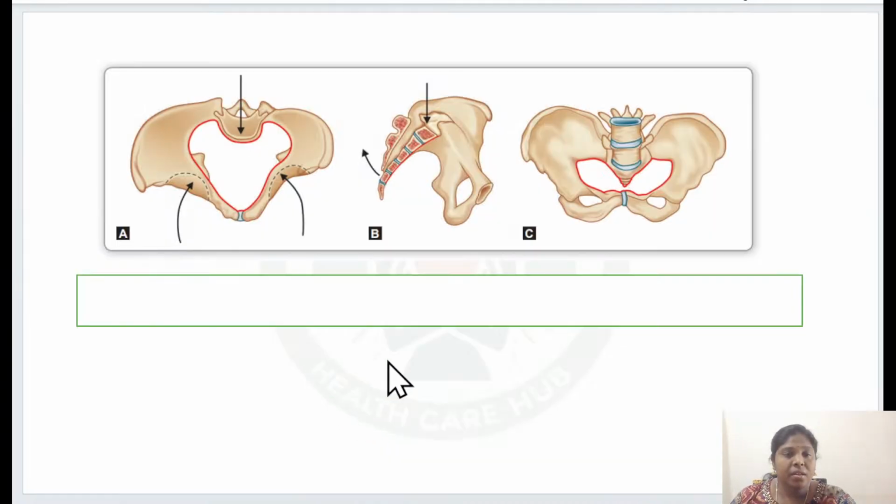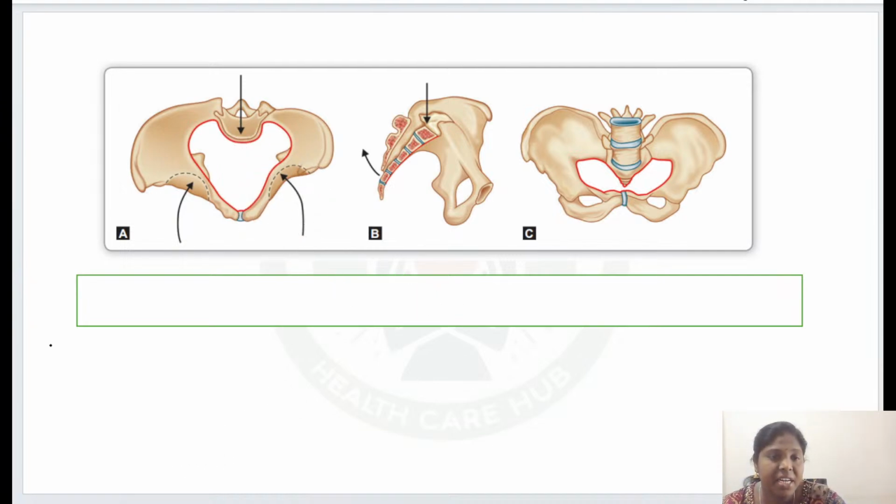Then, this is mainly seen in early childhood, where the bones remain very soft and the bone calcium ossification will not happen properly. This is mainly seen in rickets.